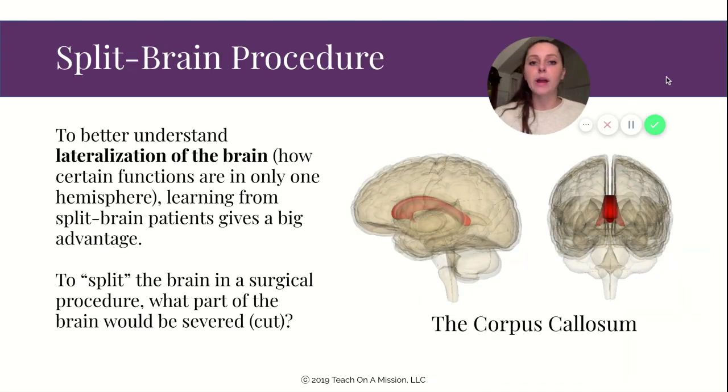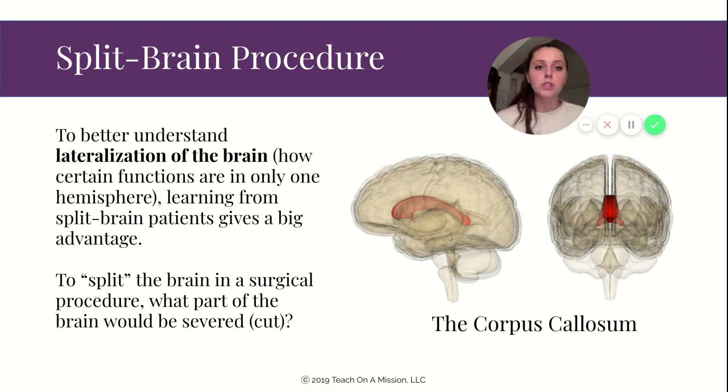Okay, so split brain procedure. Like I was talking about before, if you needed to split that corpus callosum, you could do that and still function. And they actually look at people who have had that corpus callosum cut, so their hemispheres act independently of each other. And we've learned a lot of things from split brain patients.